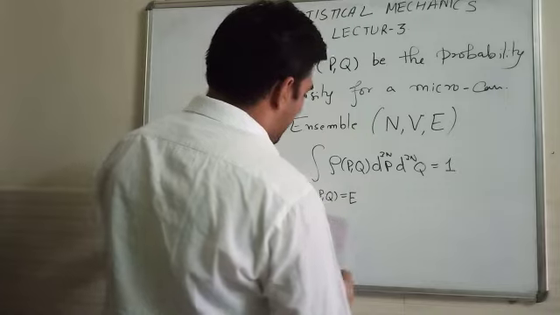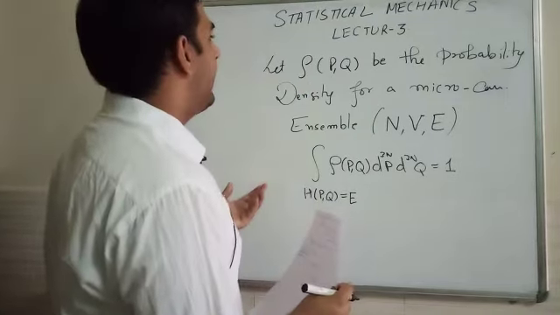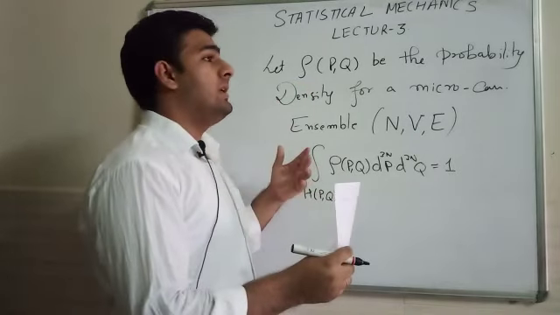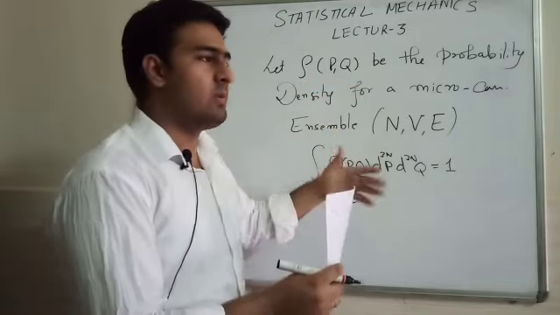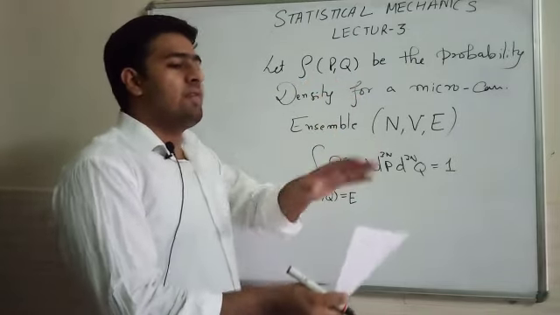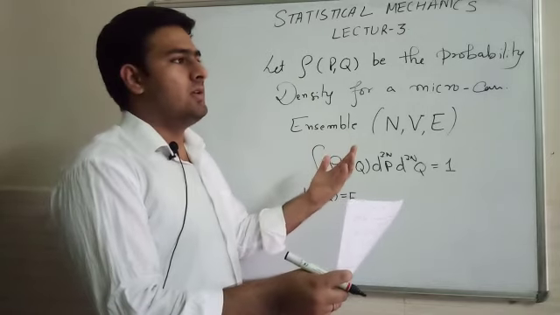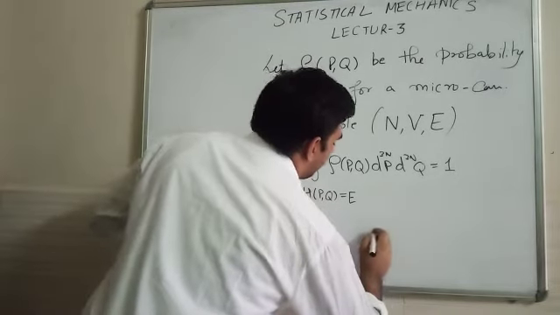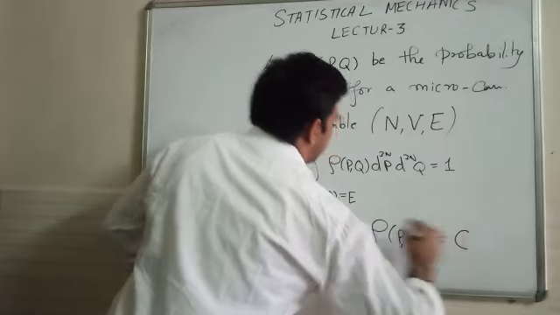I have also stated an equal probability hypothesis, which says that every accessible microstate must be equally probable. So rho(P,Q) must be a constant probability density, so that every microstate realized by the system is equally likely.